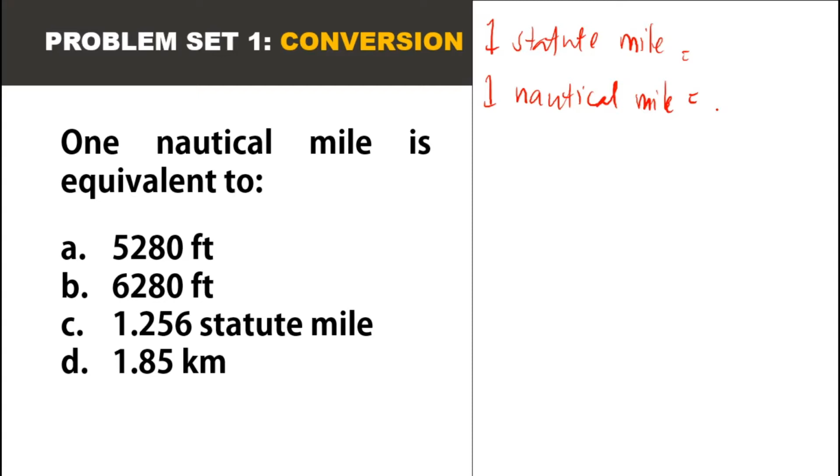Even though they are both miles, the one is statute and the other one is nautical. A statute mile is equal to 5,280 feet. And 1 nautical mile is approximately equal to 6,080 feet. So those are different conversions.